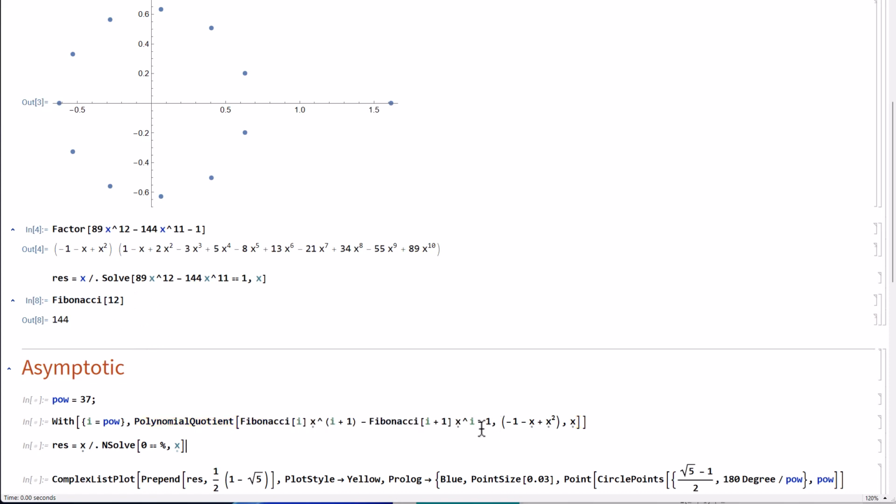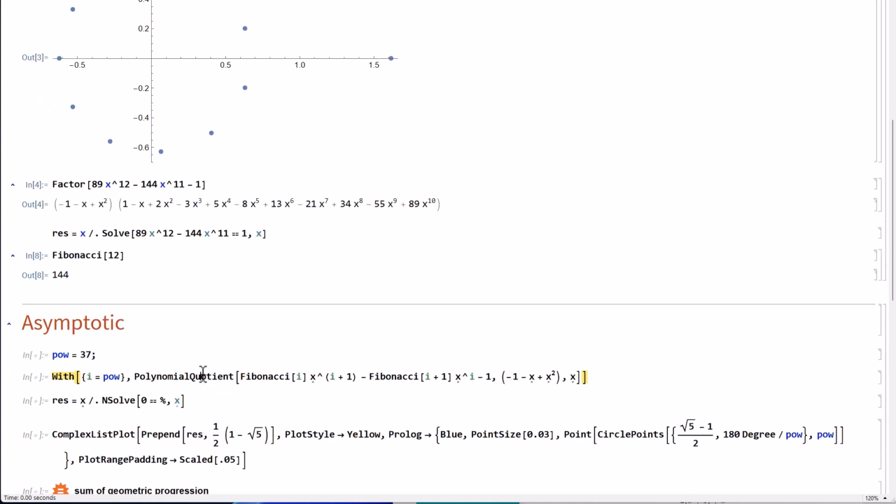And instead of using factor to generate the factorization for this polynomial, because we assume this polynomial always has a factor of x squared minus x minus 1, we are confident to do polynomial quotient and not worry about the remainder, which is also always 0.